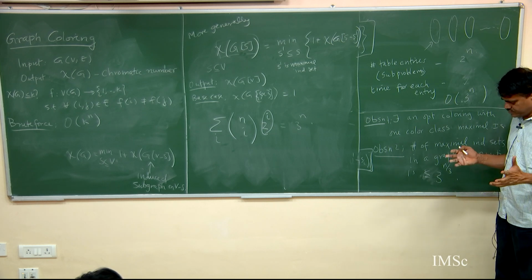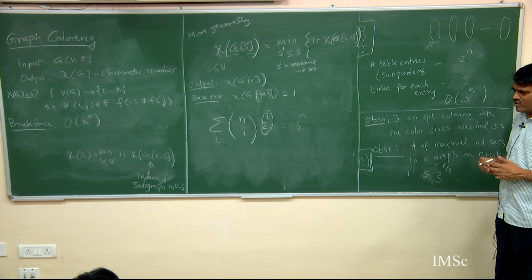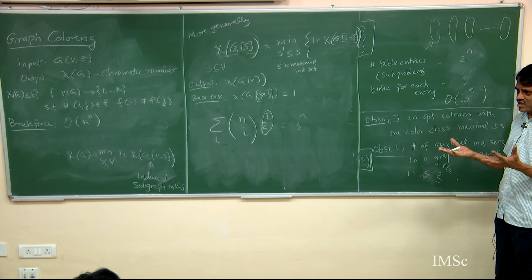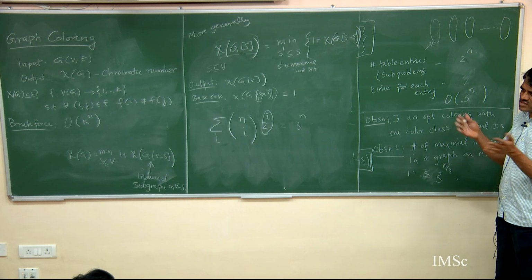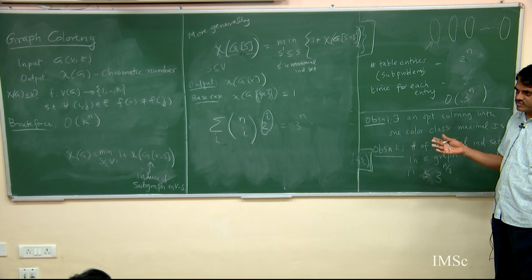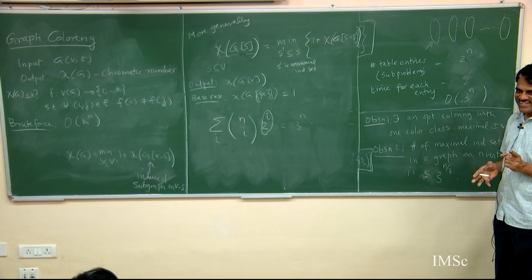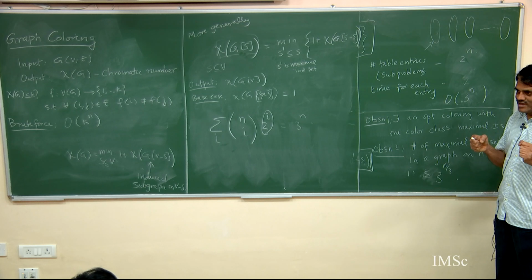Okay, because if you want too many maximal independent sets, the graph has to be very sparse. But what is the sparsest graph? Well, there is no edge at all. That has only one maximal independent set. So, there is some sort of a balancing thing.